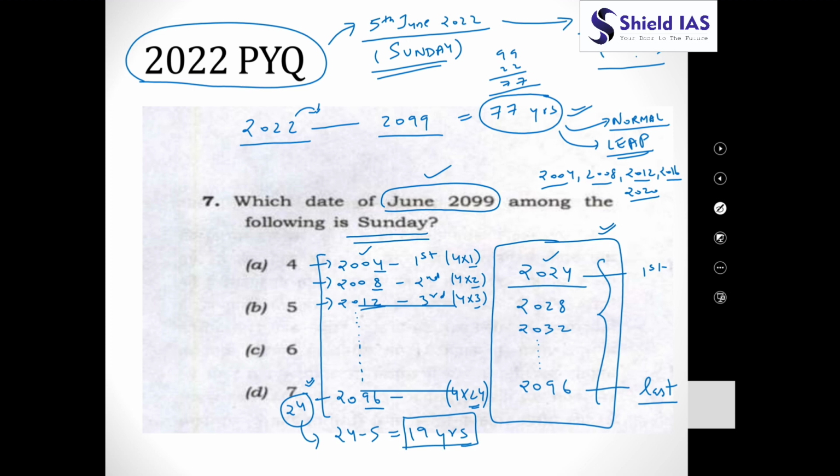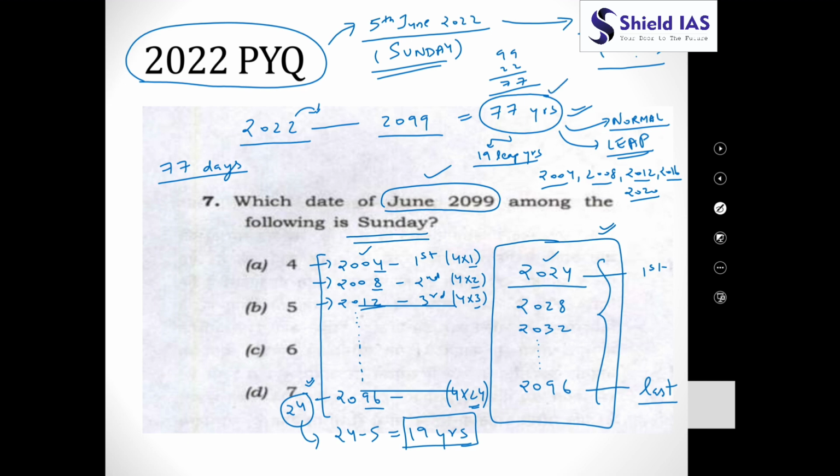So among these 77 years, there are 19 leap years, and the remaining years are normal years. So what we'll do, we'll be adding 77 days directly, as if these 77 years are normal years.